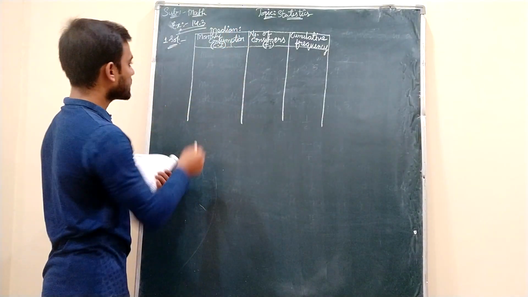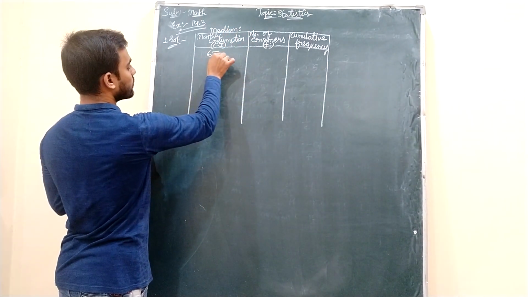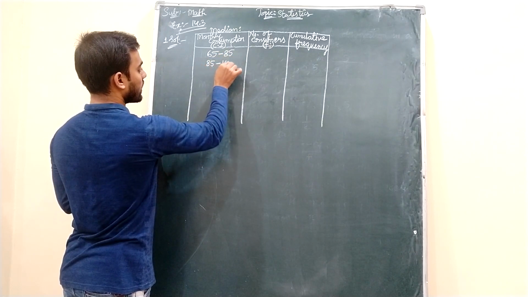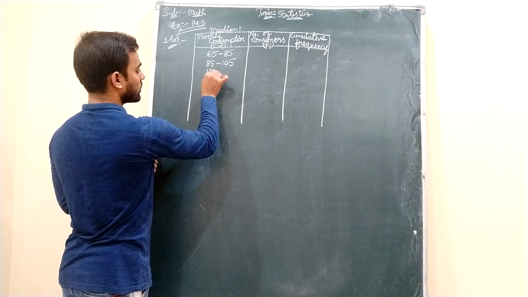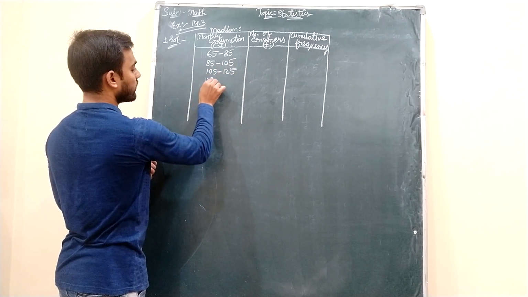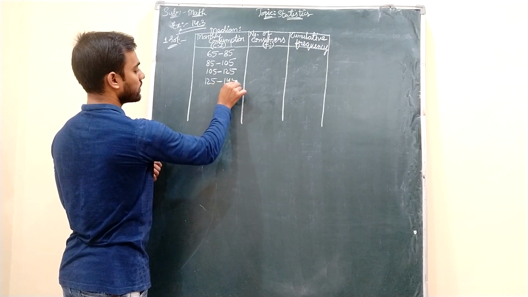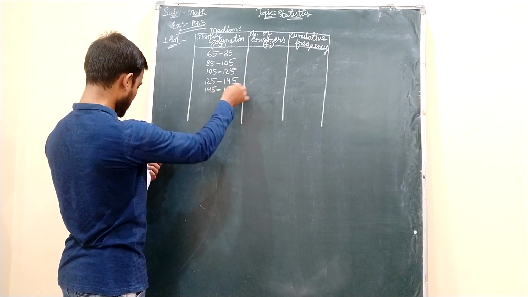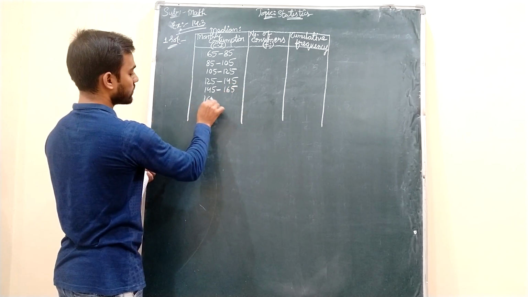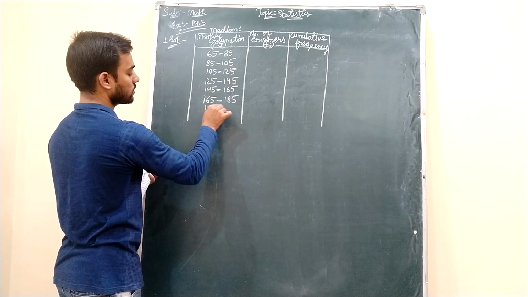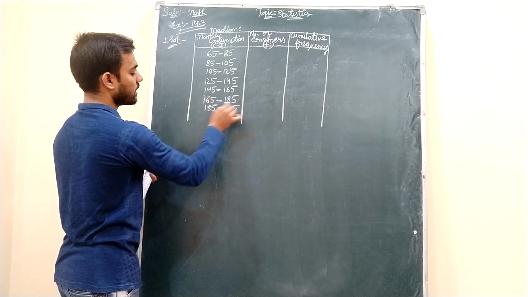Okay. Monthly consumption is 65 to 85 units, 85 to 105 units, 105 to 125 units, 125 to 145 units, 145 to 165 units, 165 to 185 units, 185 to 205 units.